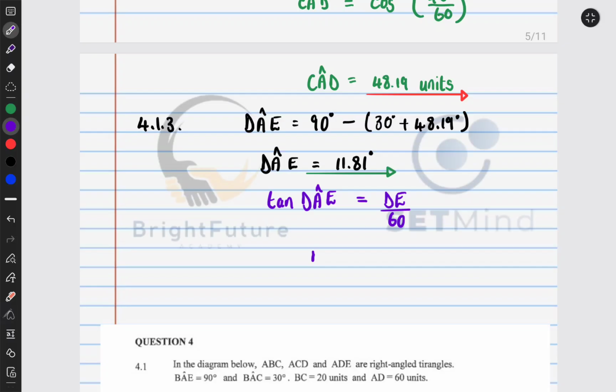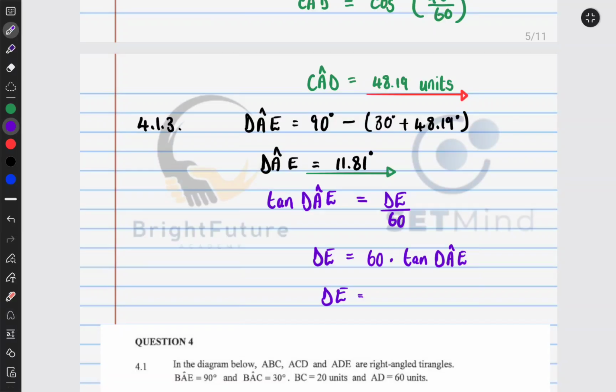Therefore DE will be equal to 60 multiplied by tan DAE.